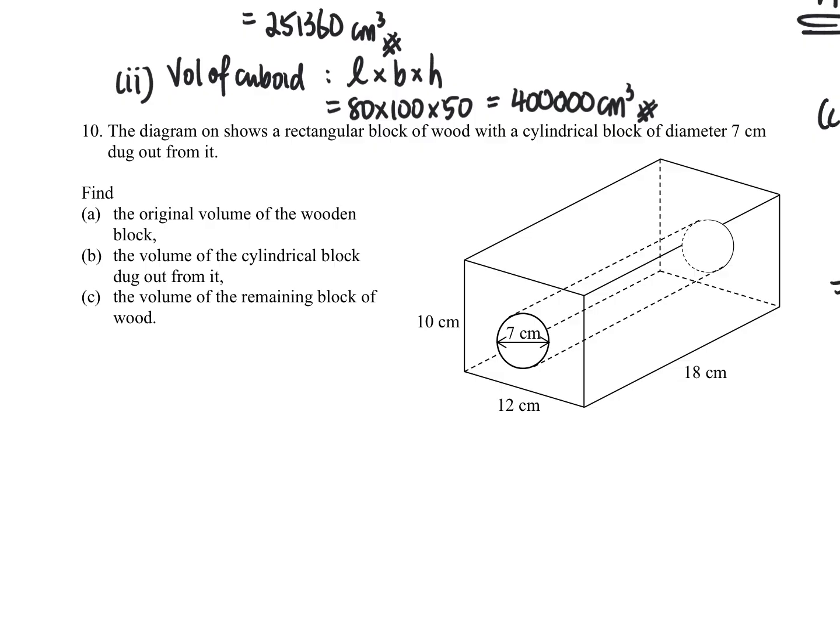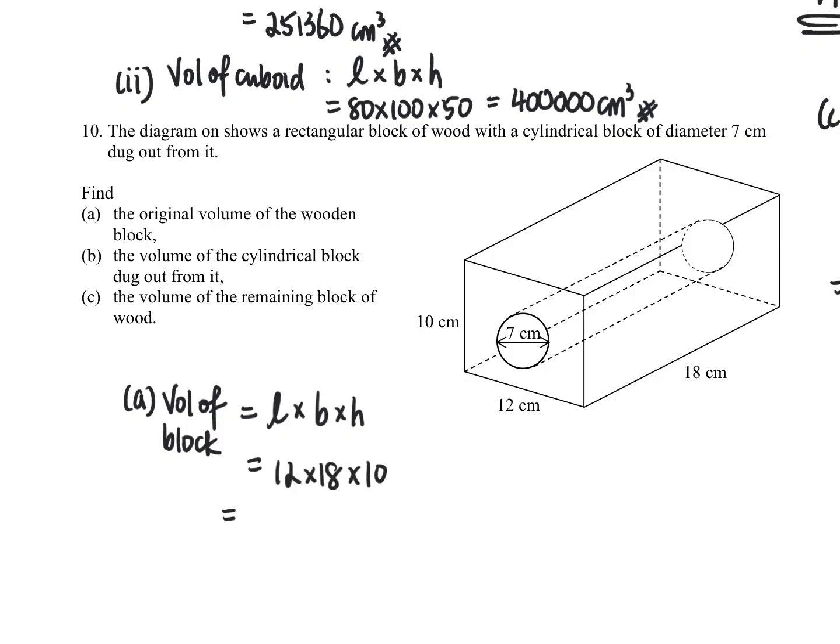So I want to find the original volume of the wooden block. This one is easy. What's the formula to find the wooden block? Yes, length times breadth times height. So 12 times 18 times 10. Write that down. It's an easy 2 marks.